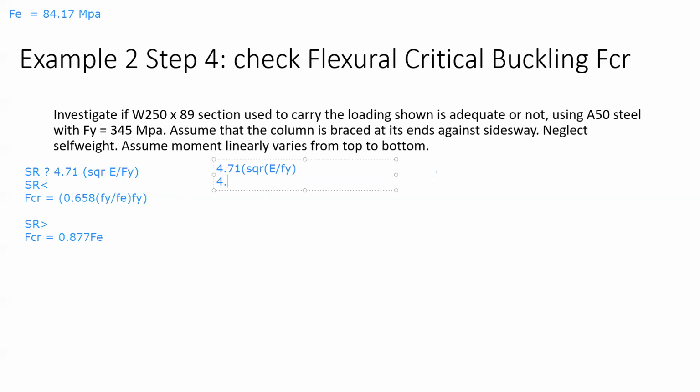This is equal to 4.71 times the square root of 200,000 divided by our Fy of 345. What is this? 24.077. Our governing slenderness ratio is 153, and this is greater than 24.077.